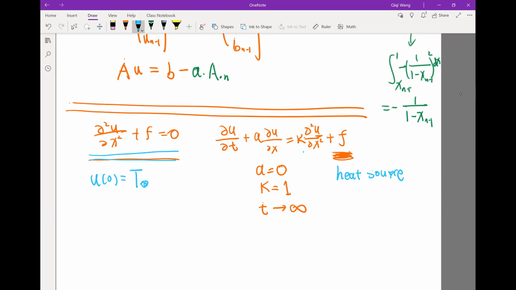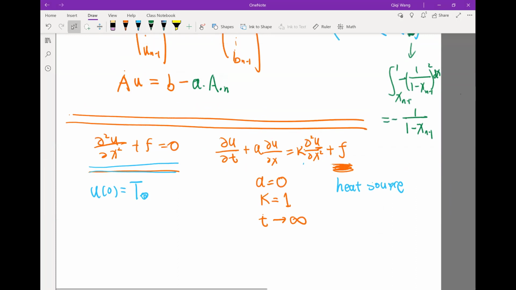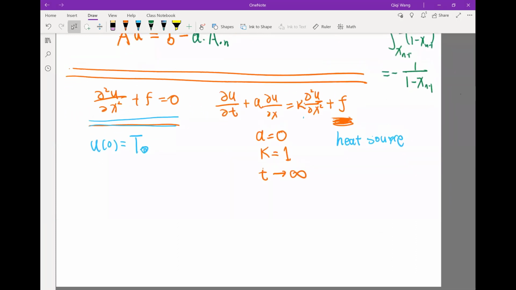Well, that's an interesting question, because we know the equation of heat conductivity: the amount of heat that is conducted is proportional to the temperature gradient.